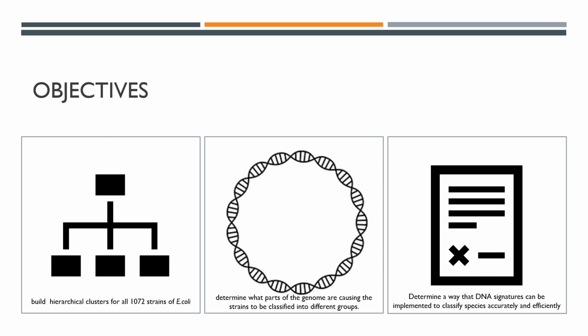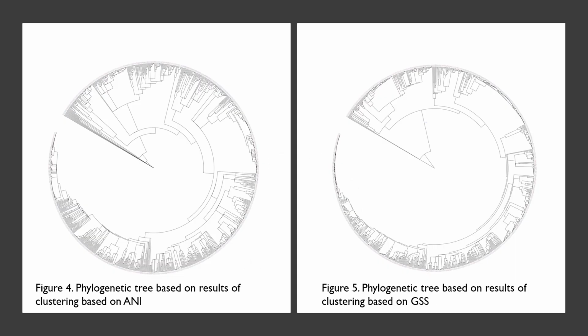My second objective is to determine what parts of the genome are causing the strains to be classified into different groups. As I mentioned before, whether they're genes that are horizontally gene transferred or genes that are found as part of the core genome. My third objective is to then determine a way that DNA signatures can be implemented to classify species accurately and efficiently. So this is really my driving objective that I'm working towards.